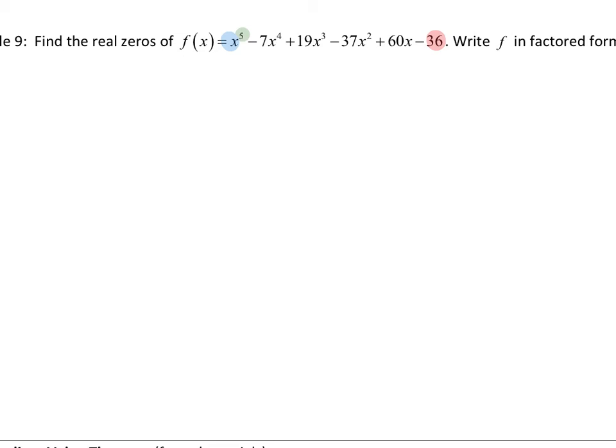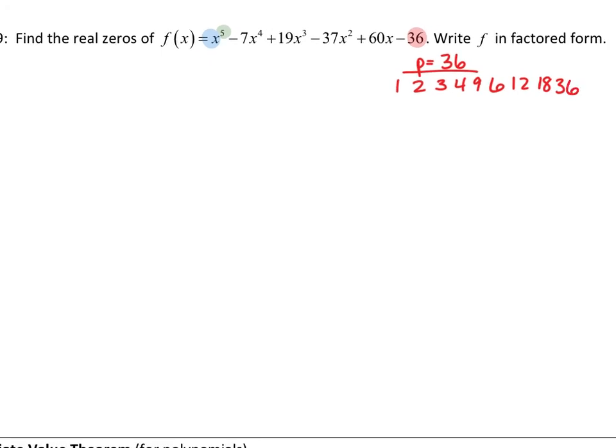So real quick, what are all of the things that multiply to 36? 6 and 6, 36 and 1, 3 and 12, 4 and 9. I already missed one. And then 2 and 18. Oh my gosh, look at how many things factor to 36.